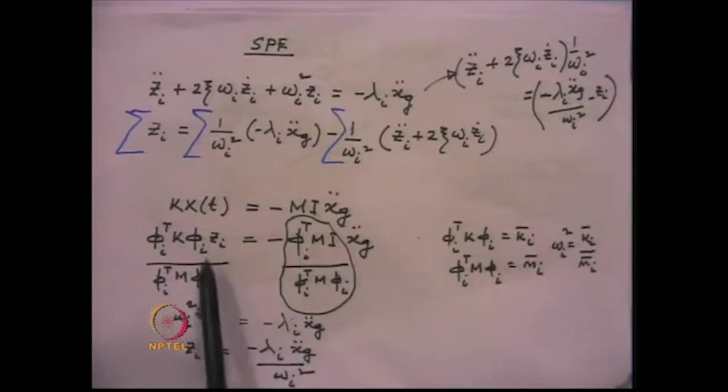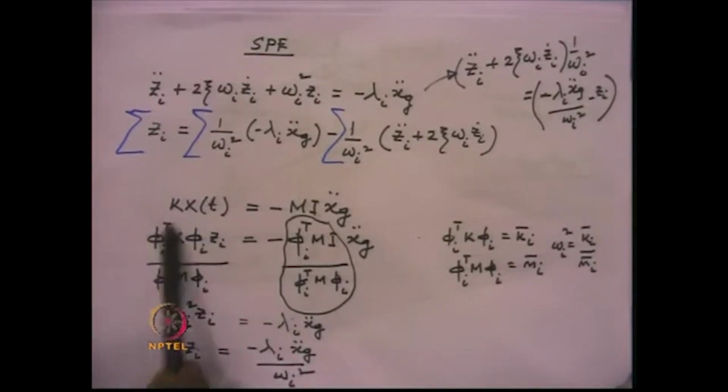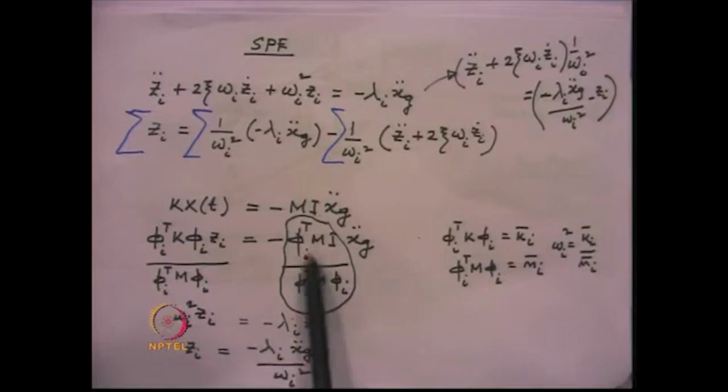So this entire quantity over here will turn out to be omega I square z I, and this quantity is known as the mode participation factor for the ith mode, which all of you know from your dynamic analysis.